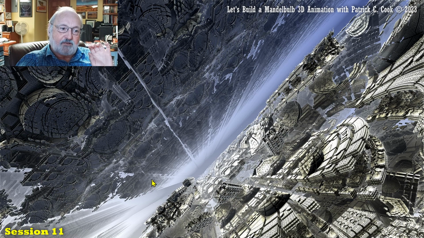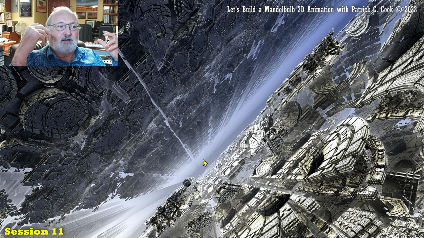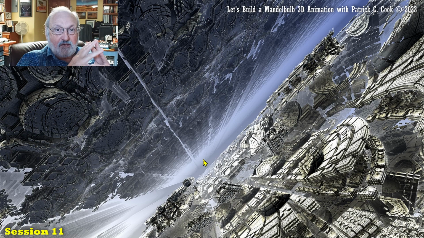It's got a lot of interesting lines. It has vanishing point. It has depth, and I thought it would make a very interesting animation. But I also wanted to use this as an opportunity to provide some instruction on Mandelbulb 3D. So this is why we're in a project-oriented tutorial series.